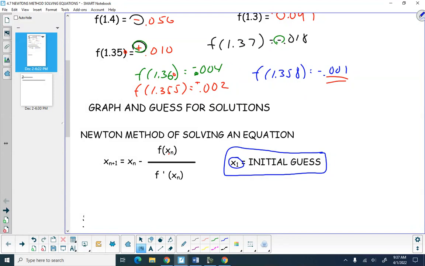What Newton figured out, by utilizing our idea of derivatives, is you can take an initial guess and find the next guess by calculating this initial guess minus our function value of this initial guess, divided by the derivative of this initial guess.